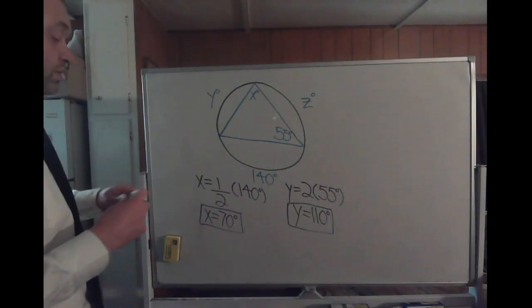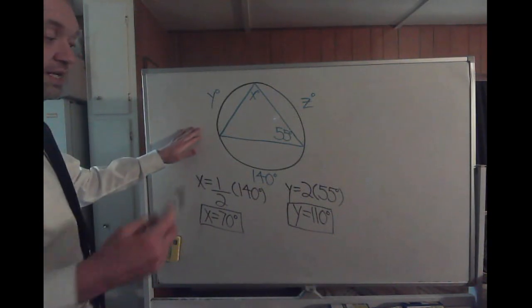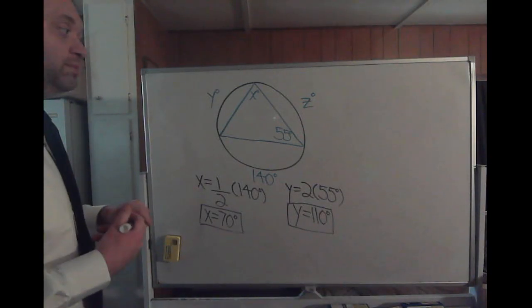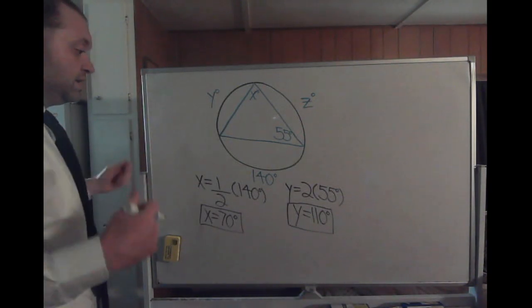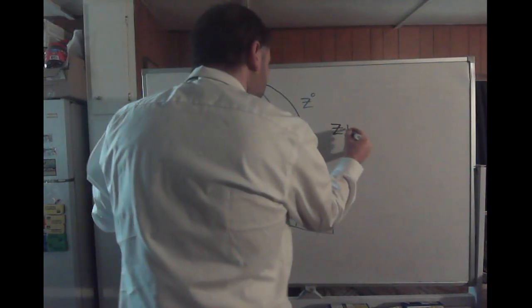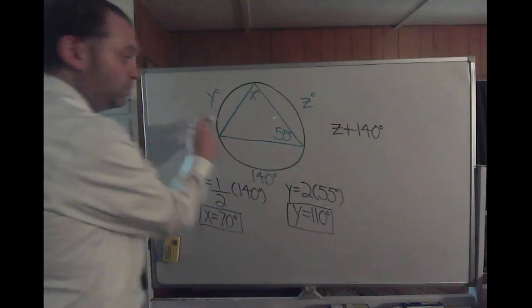And then, of course, it's going to be easy to solve for Z. All we got to do is take all these, add them up to 360, and we can solve for Z. So you'll take Z plus that 140 degree arc, plus the value we got for Y, which was 110 degrees.